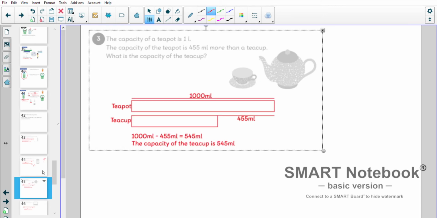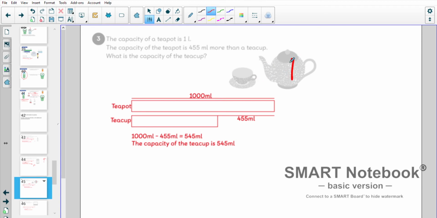3. The capacity, so that's how much, all the way to the top, the volume of water or liquid that can be filled in, is 1 litre. The capacity of the teapot is 1 litre. The capacity of the teapot is 455 millilitres more than the teacup. So this one's the biggest one. What is the capacity of the teacup?